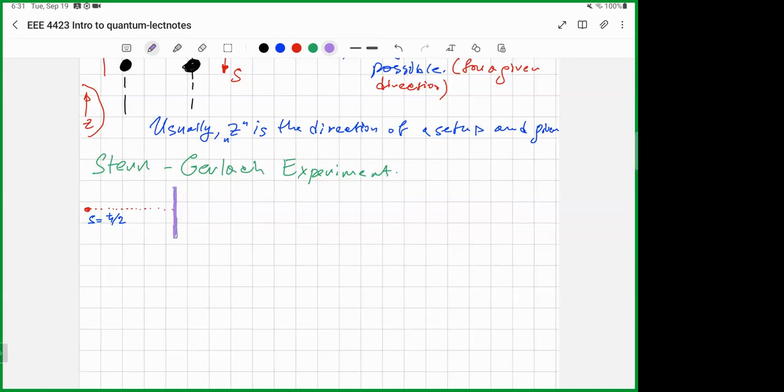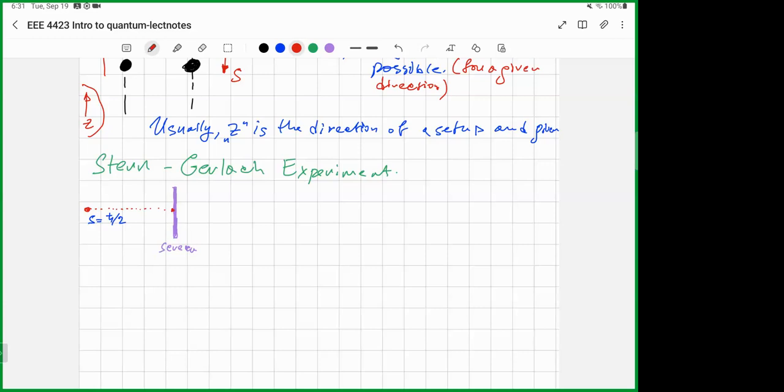So like I take a screen, put on the way of these particles. So this is screen. So these particles created the bright spot on the screen.